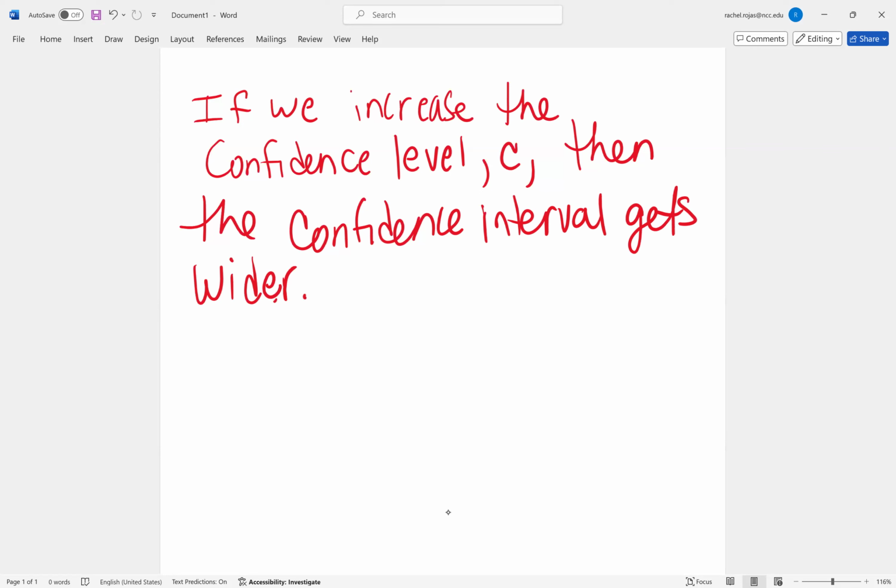So if we increase the confidence level C, then the confidence interval gets wider.